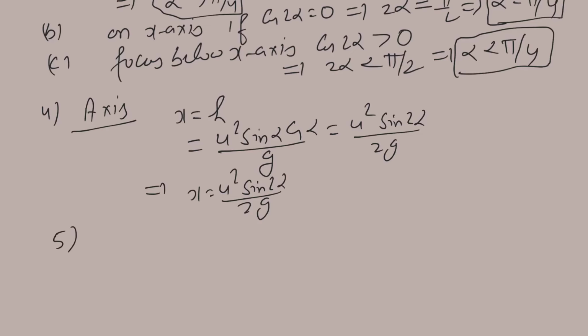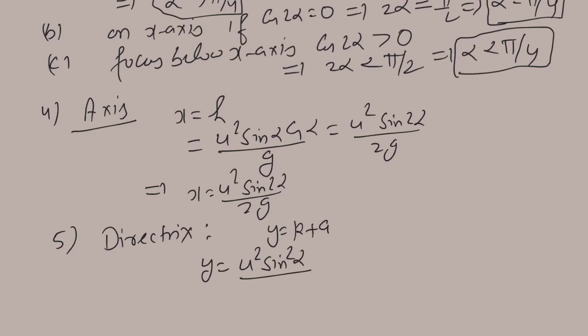Okay, now next we will calculate the Directrix. We know that y is equal to k plus a will give the Directrix. So I am going to put the value of k, and k is given by u square sin square alpha by 2g. This is given by equation number 3. It is all mentioned, you can note it down from equation number 3. And a is equal to 1 by 4 of 4a, and 4a from equation number 3 is 2 u square cos square alpha by g.